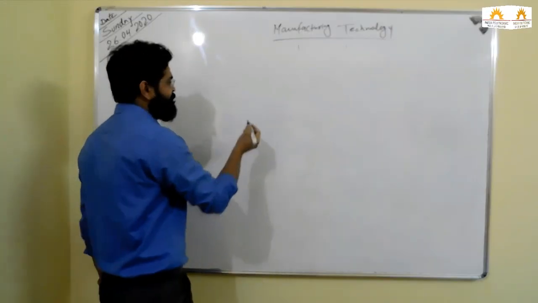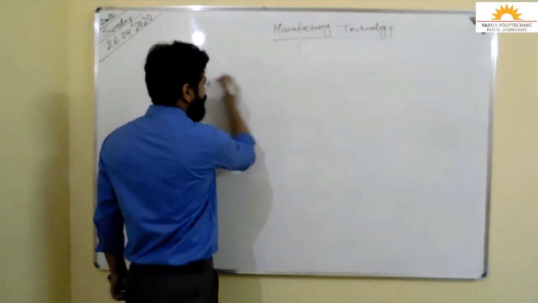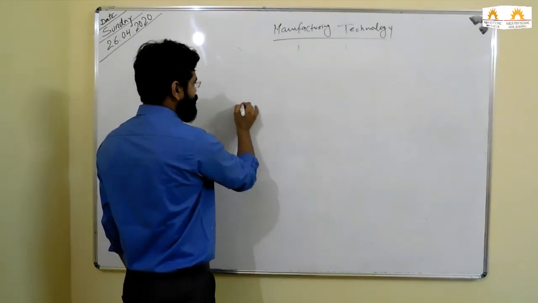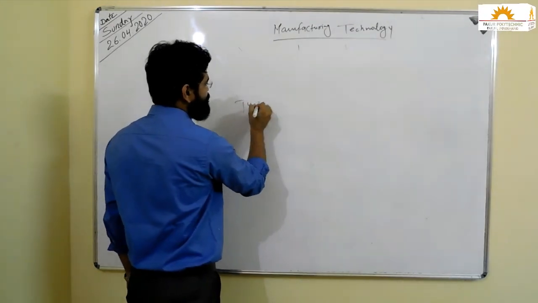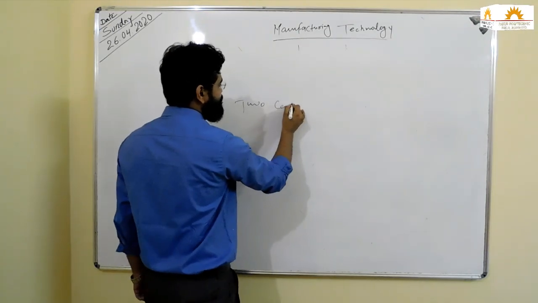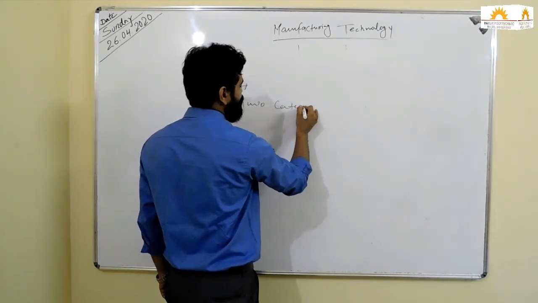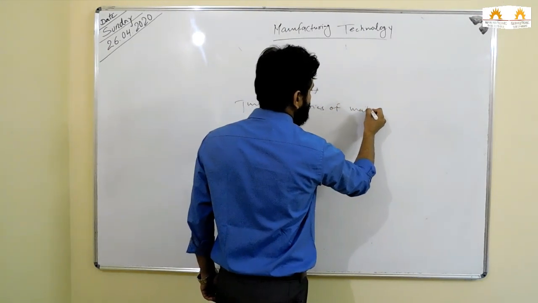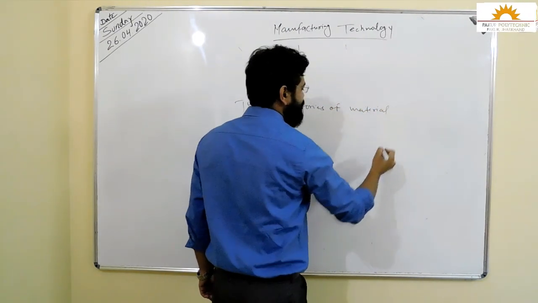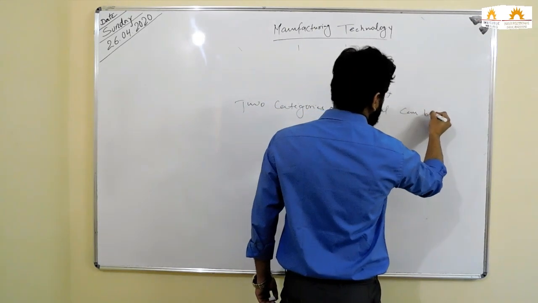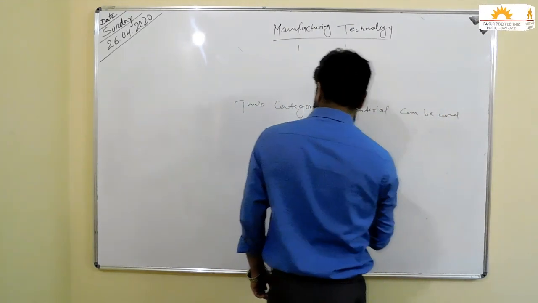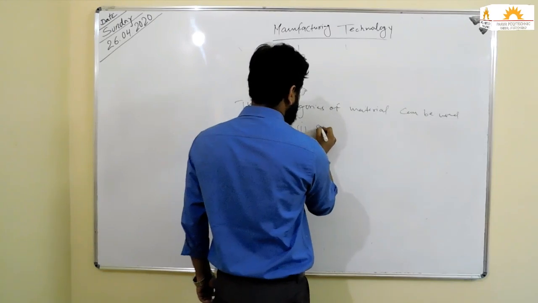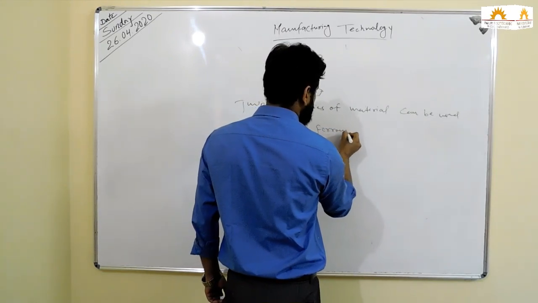For making this product, two categories of material can be used. First, ferrous metal.